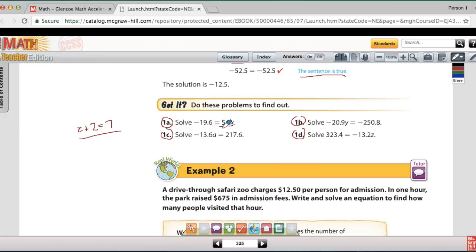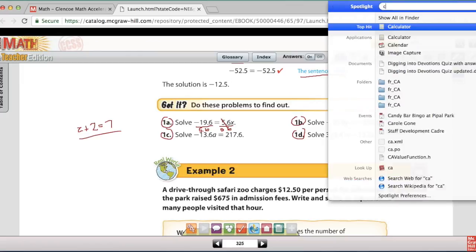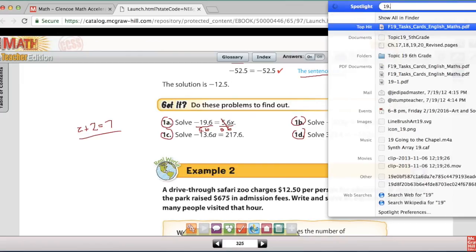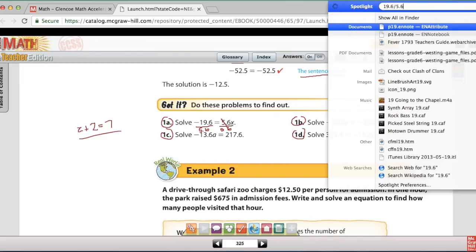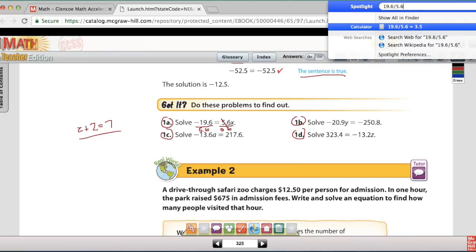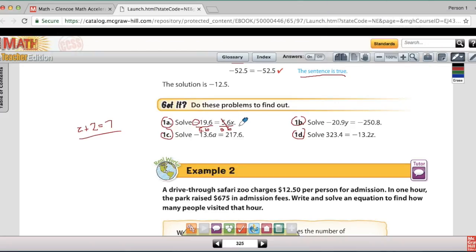So divide by 5.6 so that they cancel out, and we're going to take 19.6 divided by 5.6. So I'm just going to pull up my calculator here. 19.6 divided by 5.6, and I get 3.5. And I didn't pay attention to my negative there, so I'll make sure and circle it so I remember it in my answer.